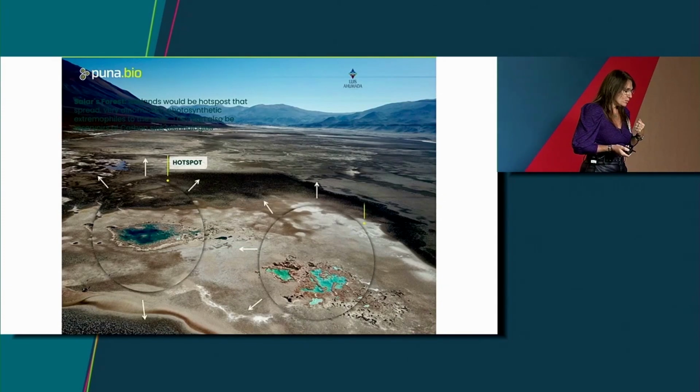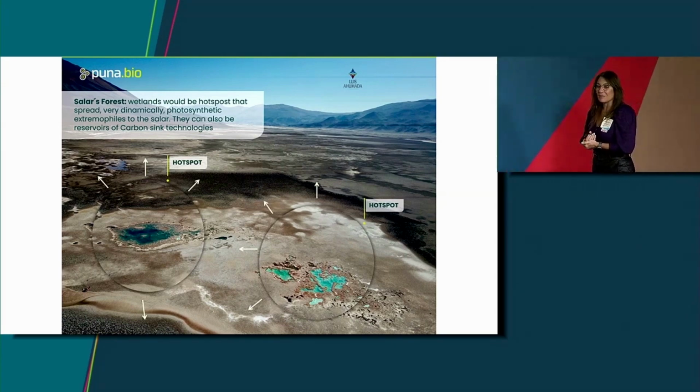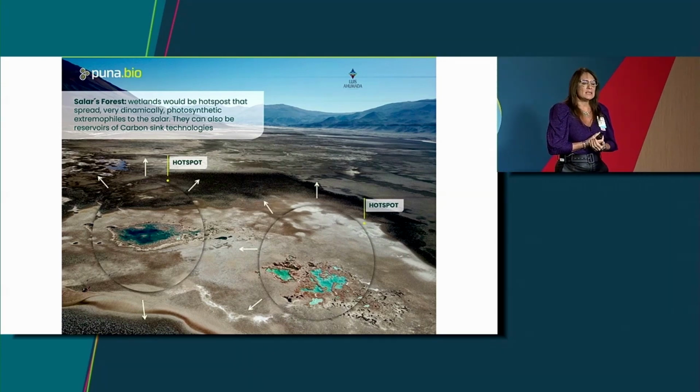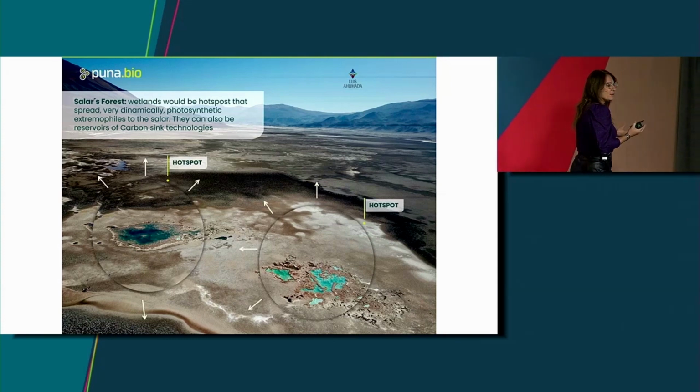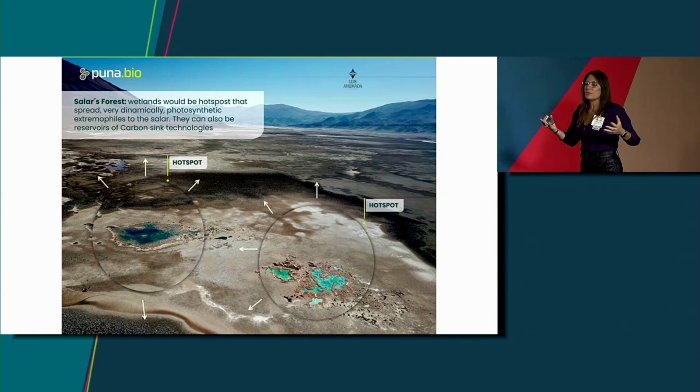So I want to introduce a new concept we had to think about for these places, because these places are considered driest. They are considered sterile. In fact, when the mineral company comes, they say it is sterile, no problem with biodiversity.